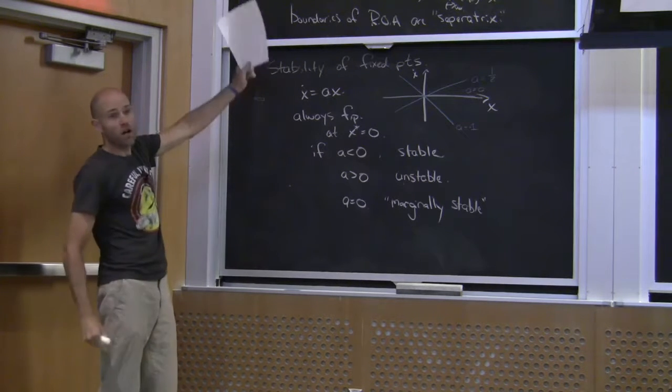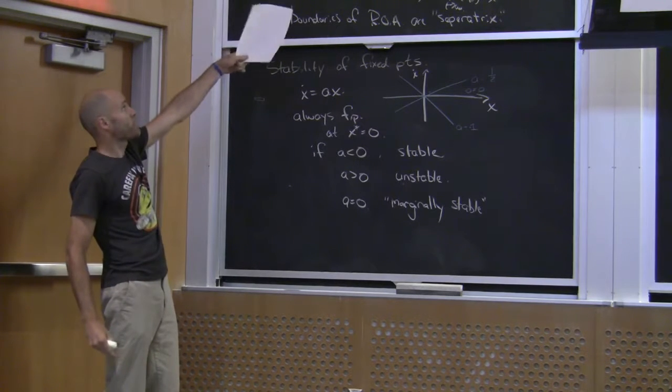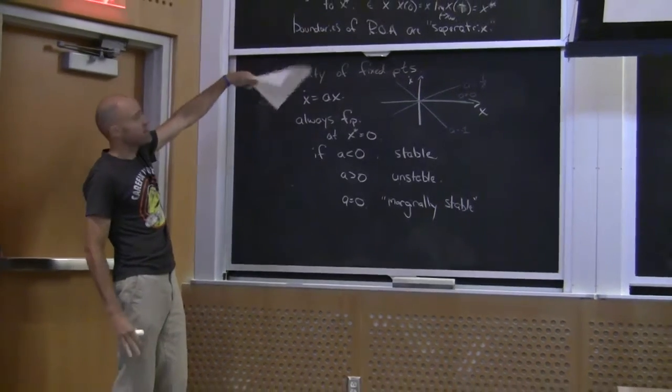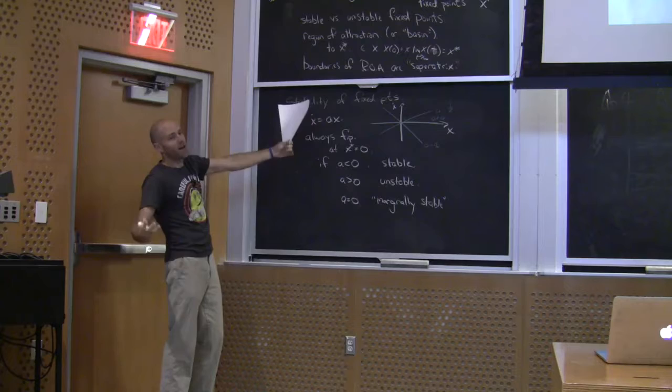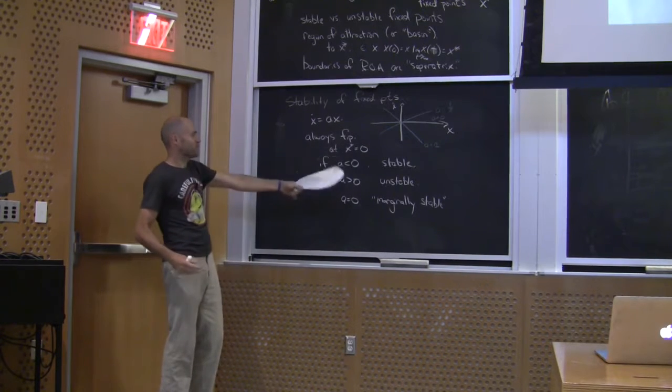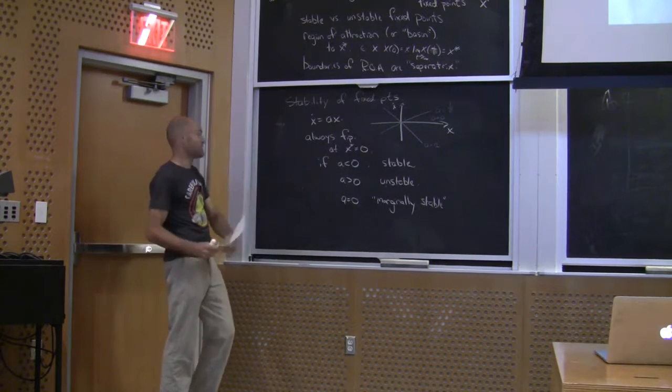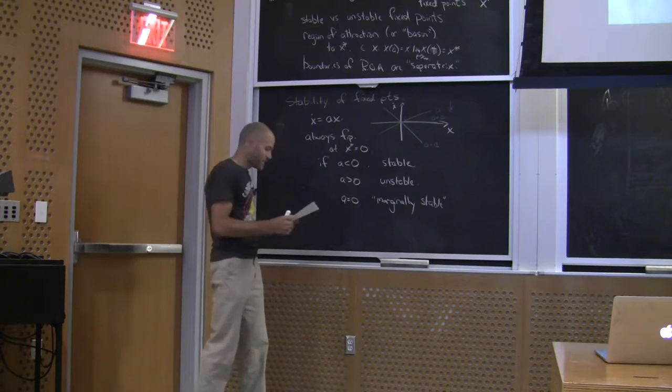The nonlinear systems are much richer than that. They don't need to have a fixed point at the origin. They can have fixed points anywhere. They can have lots of fixed points. They can have no fixed points. Those fixed points can have lots of different types of stability, in fact.